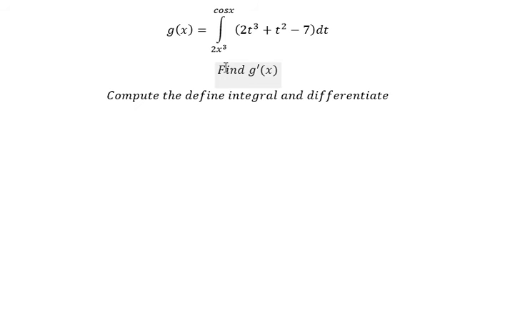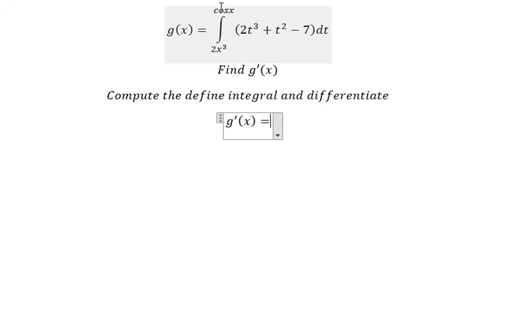For question number 1, we need to find first the derivative of the function g of x. So we have the top and the bottom in here. So we have cosine x.